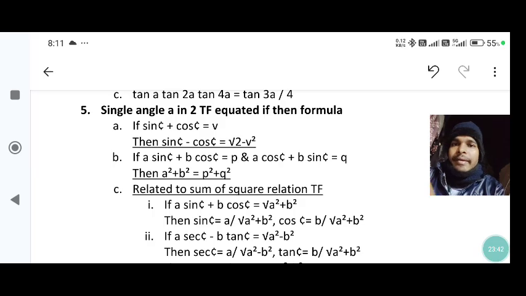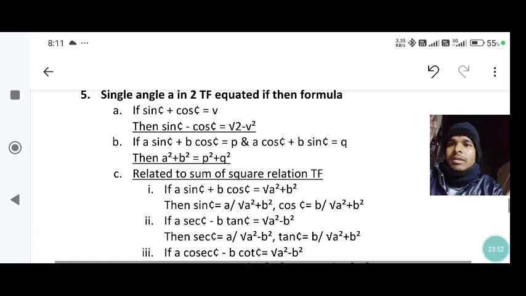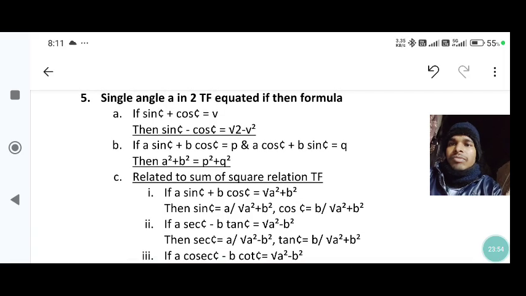Single angle a will be present in two different trigonometric functions in equated form, the if-then formula. If sin theta and cos theta give some value v, then sin theta minus cos theta will be root under 2 minus v square.